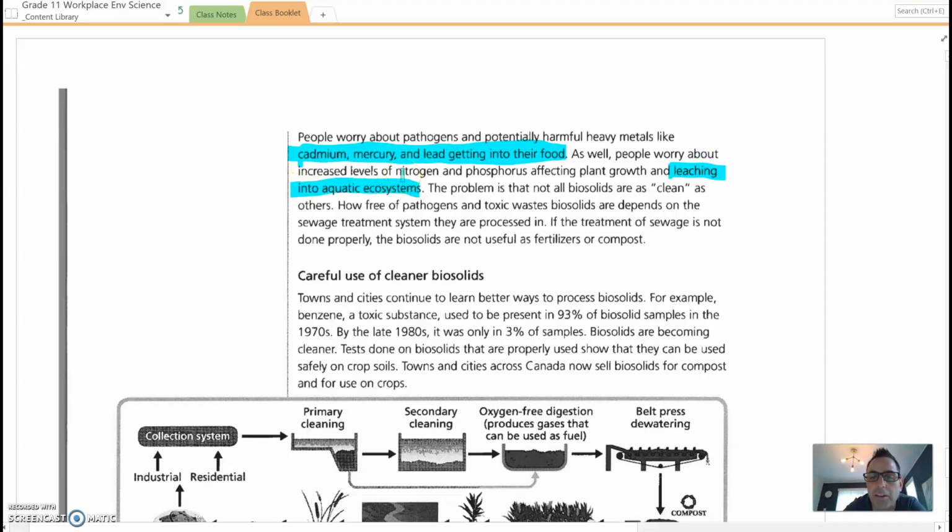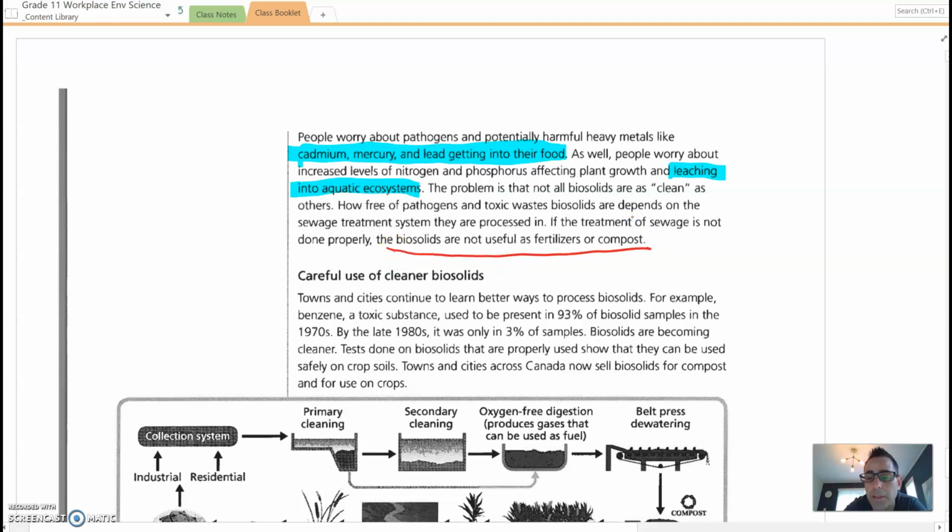The problem is that not all biosolids are as clean as others. How free of pathogenic and toxic waste biosolids are depends on the sewage treatment system they are processed in. If the treatment of sewage is not done properly, the biosolids are not as useful as fertilizers or compost. And that's really important.